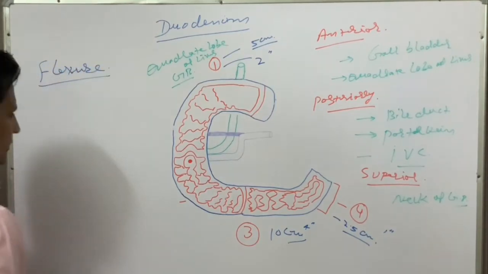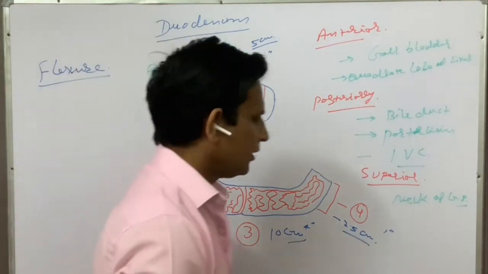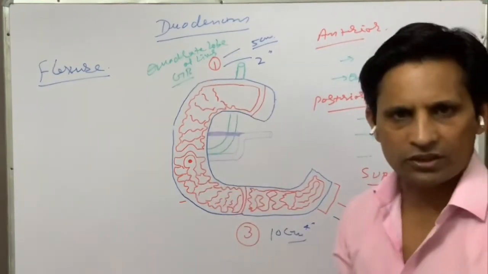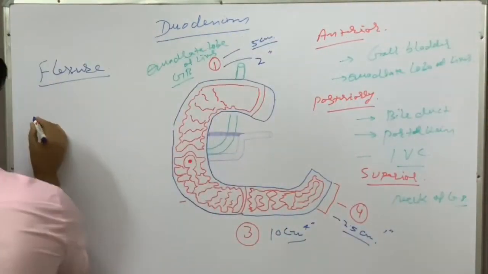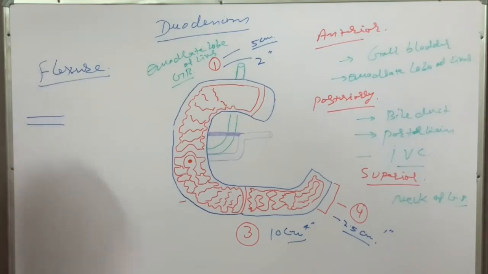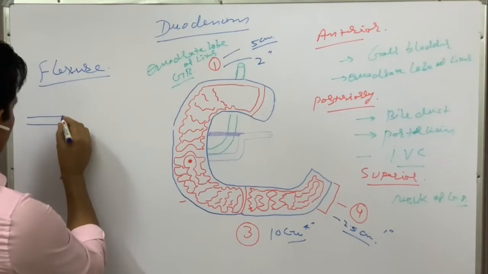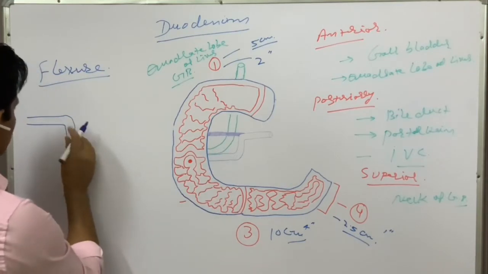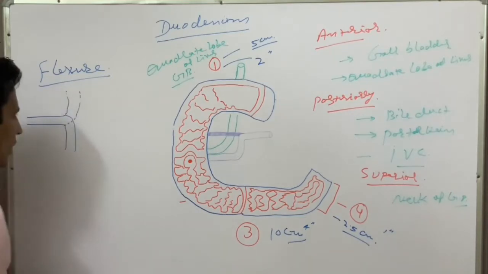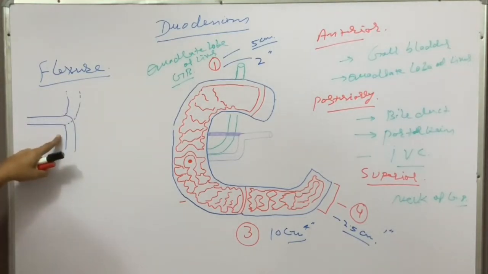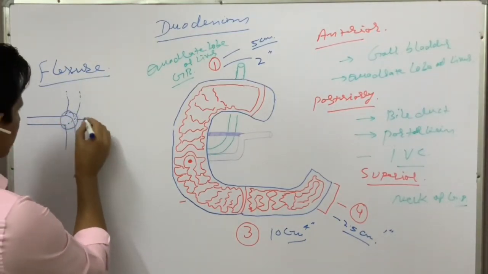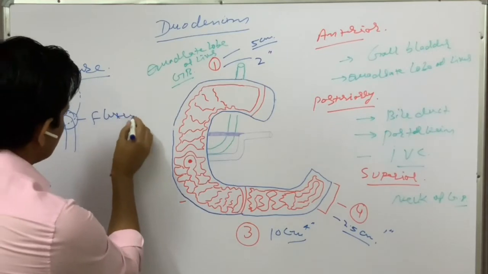So, what is a flexure? A flexure is where the GIT runs in one direction, suppose it runs like this, and abruptly it changes its direction, like it turns this way, or this way. When it changes its direction, this portion would be the flexure.